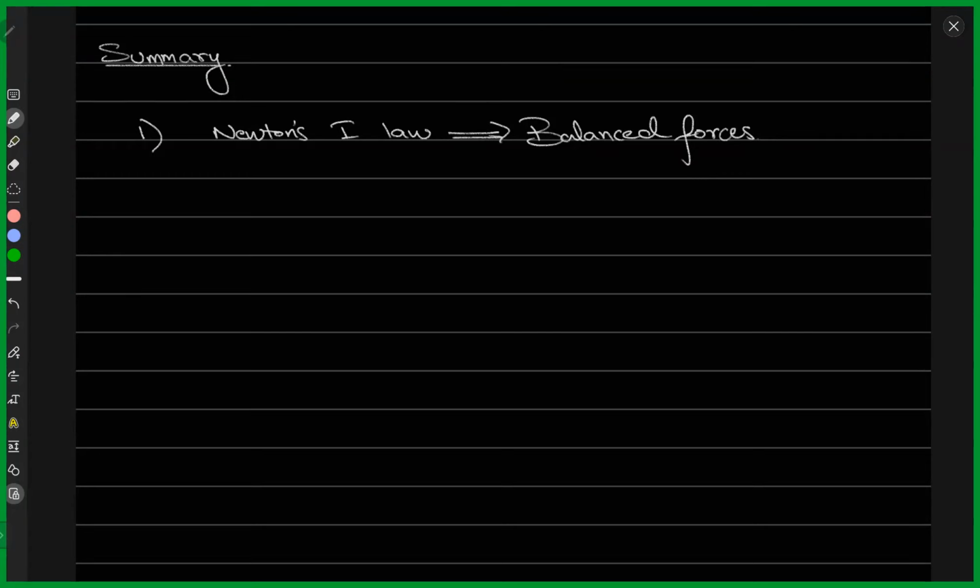We know that if a force is balanced, what does that mean? Can anyone tell me? One force is equal to the other force. Right, exactly.